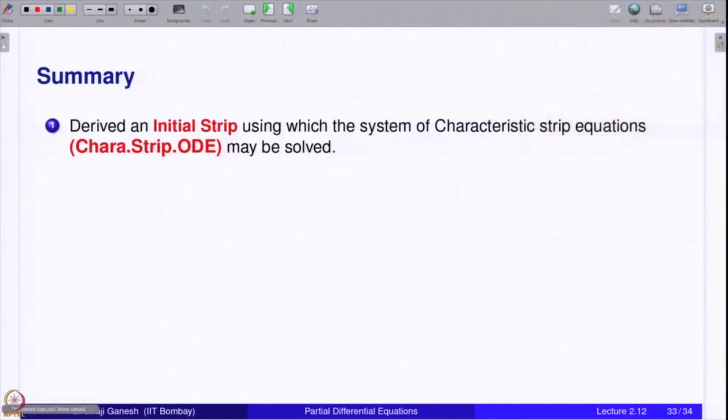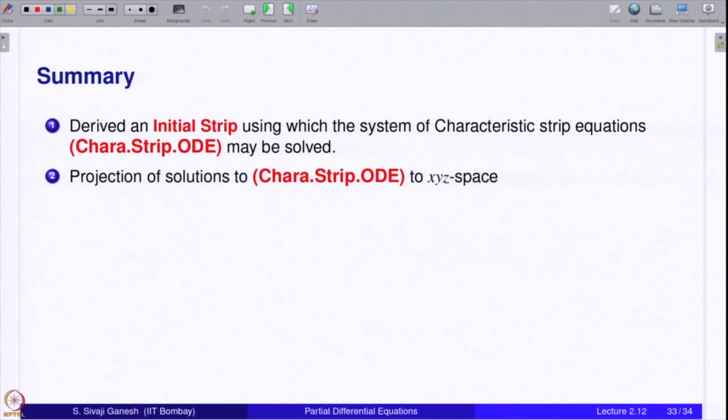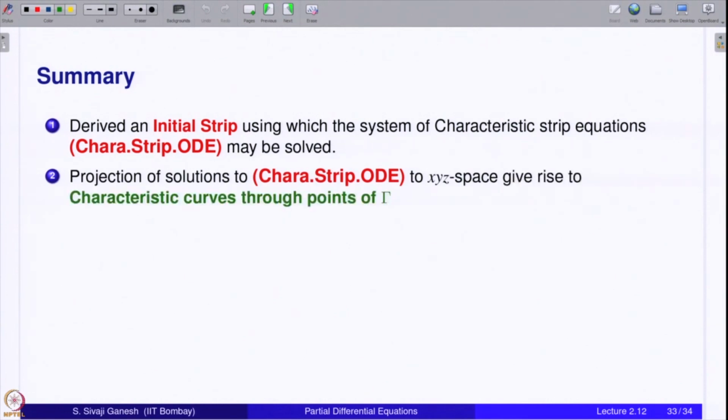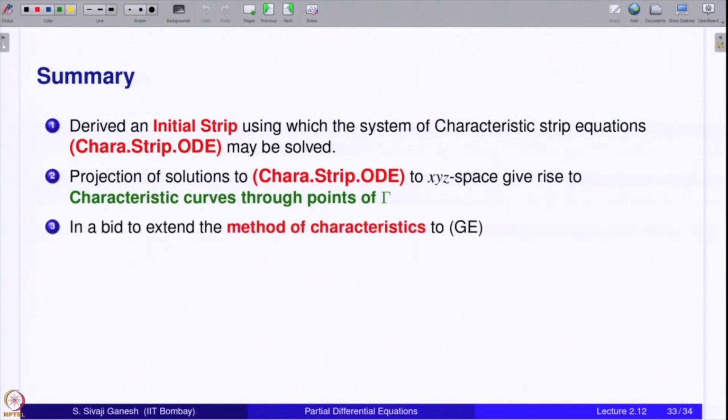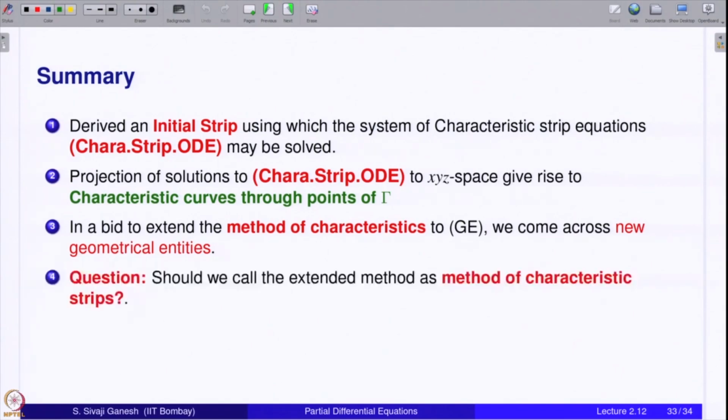So, we derived an initial strip using which the system of characteristic strip equations may be solved. Projection of solutions to xyz space will give you characteristic curves through points of gamma. In a bid to extend the method of characteristics to GE, we come across new geometrical entities. So, the natural question is, should we still call it the method of characteristics or should we call it the method of characteristic strips? It is okay, that does not matter, just for you to think and ponder about this question.